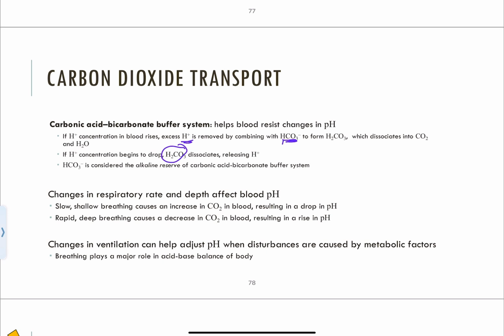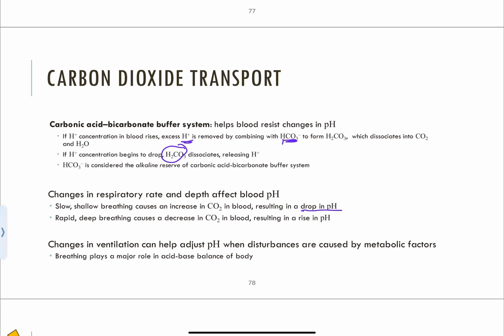We also have a respiratory rate that can help with our blood pH. If we start to do slow, shallow breathing, that's going to cause an increase in carbon dioxide in our blood, meaning we're retaining carbon dioxide; we're producing it at a faster rate than we're breathing it out. Carbon dioxide is an acid. So if we're producing more acid than we're breathing out, that's going to increase the acidity of our fluid. An increase in acidity means we've lowered the pH.